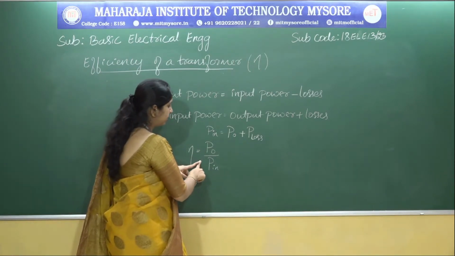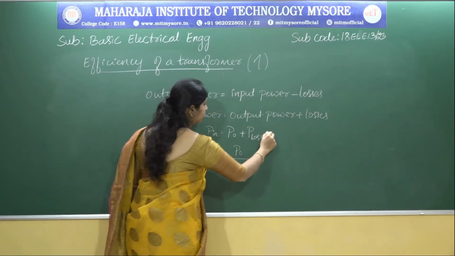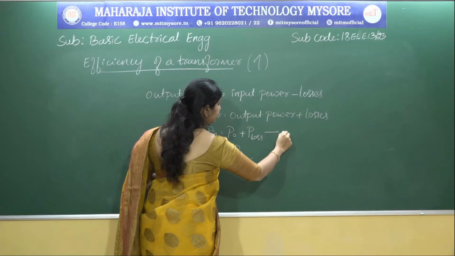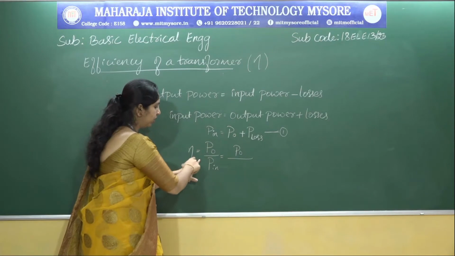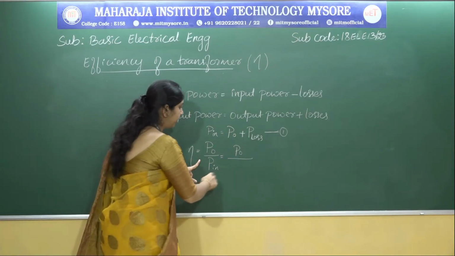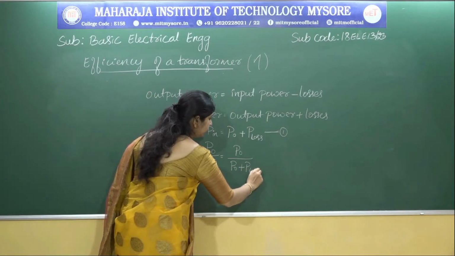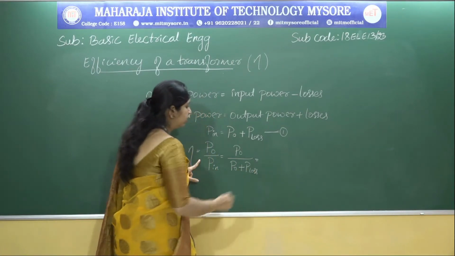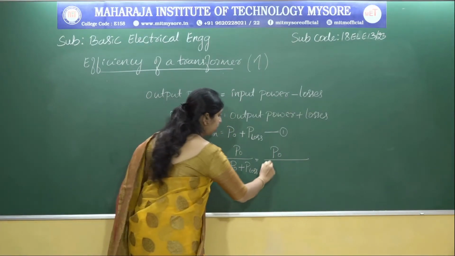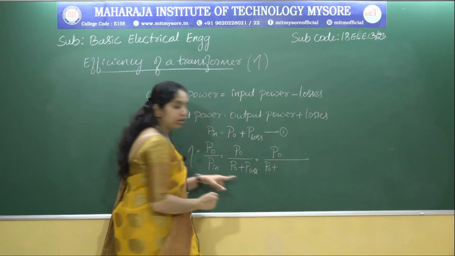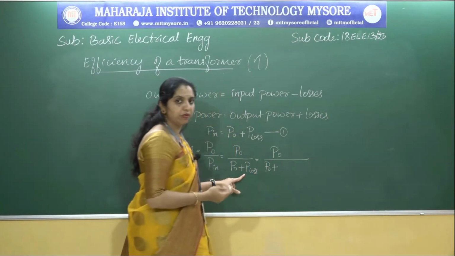Now let us call this equation 1 and substitute equation 1 in the efficiency equation. P in is equal to P naught plus P loss. So in the next step we can write it as P naught divided by P naught plus P loss, where P loss is a summation of two different losses.